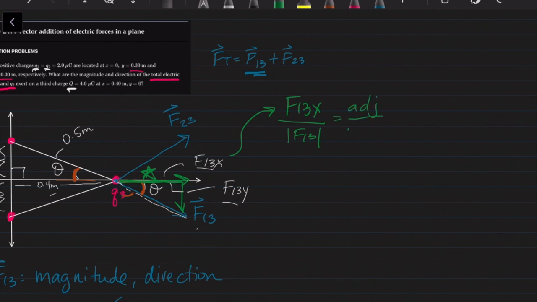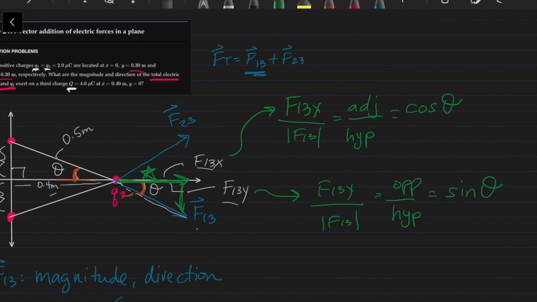What does that look like to you? Adjacent over hypotenuse. That's a cosine. What about F13y? Similarly, F13y is opposite the angle, the hypotenuse being magnitude F13. Opposite over hypotenuse. That's sine theta.